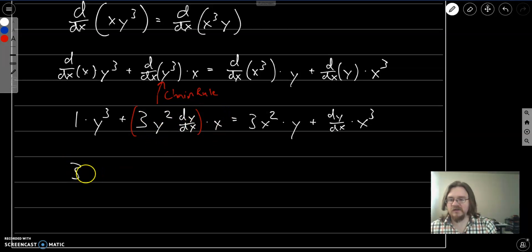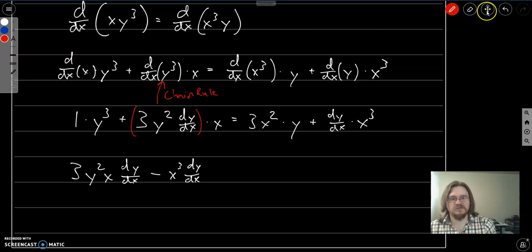So this is going to be 3y squared, I don't want to forget the x, 3y squared x times dy dx. I'm going to move this to the other side, so I'm going to subtract. I'll put the x cubed times dy dx. So I just took my two terms with a dy dx and moved them to this side.